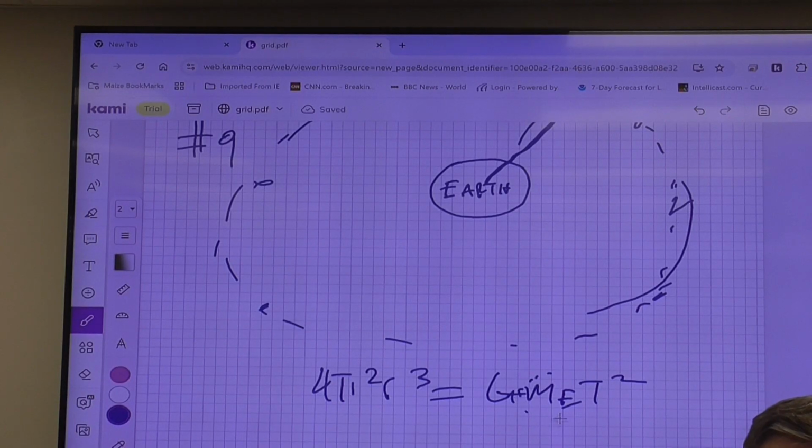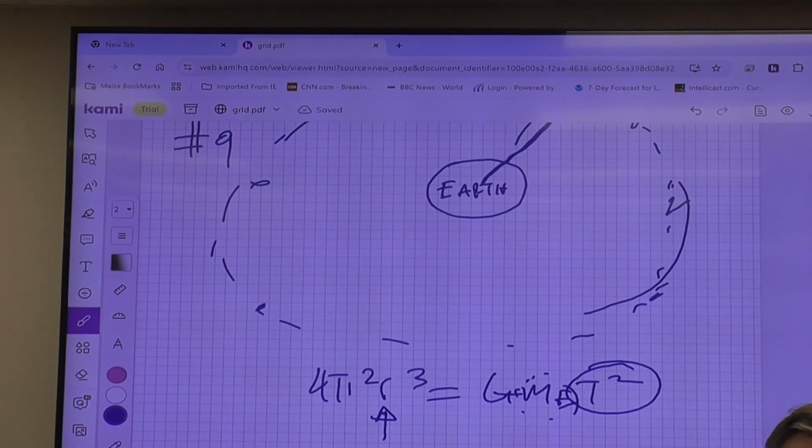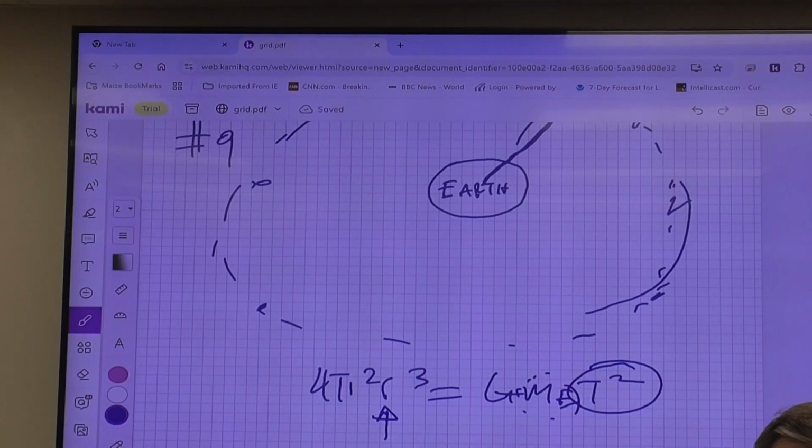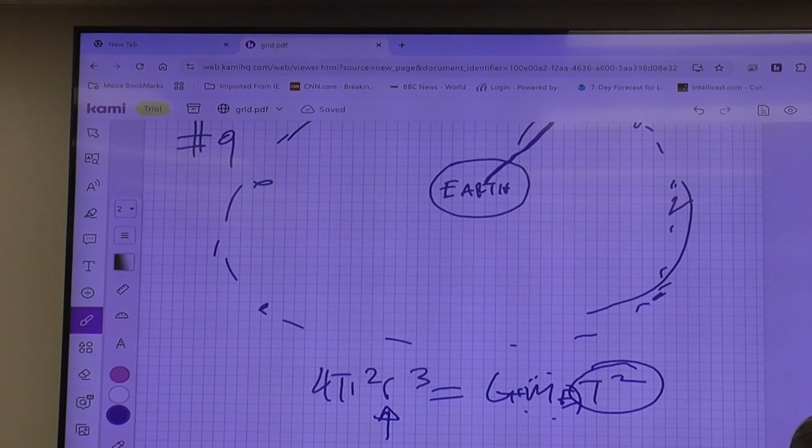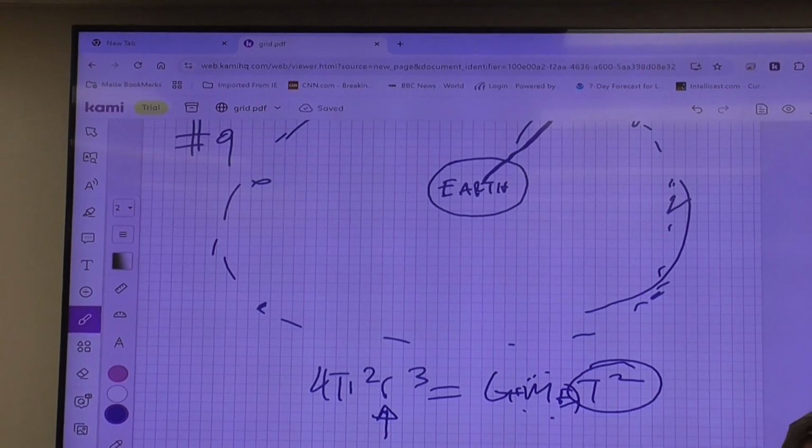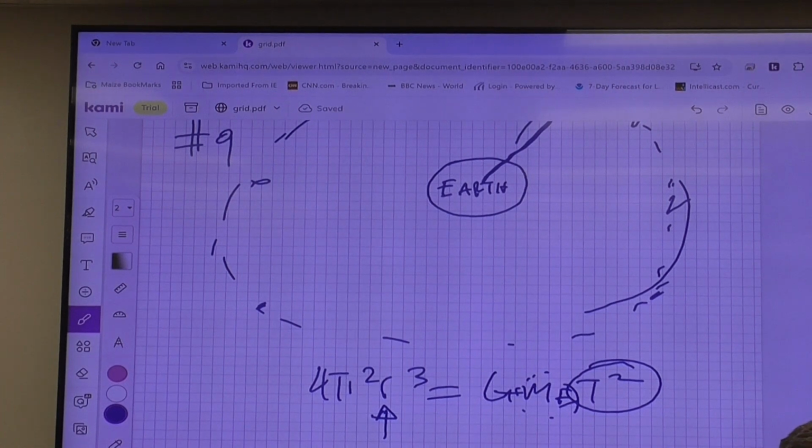Is that the mass of the satellite? No, it's the mass of the Earth because that's what you're orbiting. You want the orbital period to be 24 hours, so you'll have your value of t. The only thing you won't know is r, so you need to solve this equation for r: big G m t squared over 4 pi squared, and then take the cube root of that.